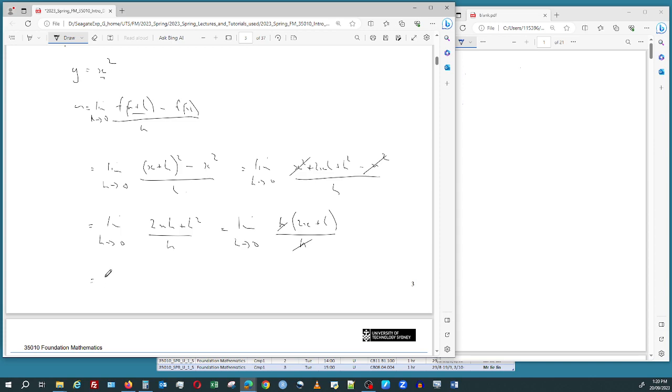So we're left with the limit as h approaches 0 for 2x plus h. Now h, for all intents and purposes, is going to become 0. It's going to be infinitesimally close to 0. So for all intents and purposes, we're left with 2x. Okay? So y dash, or m, is equal to 2x. So there.